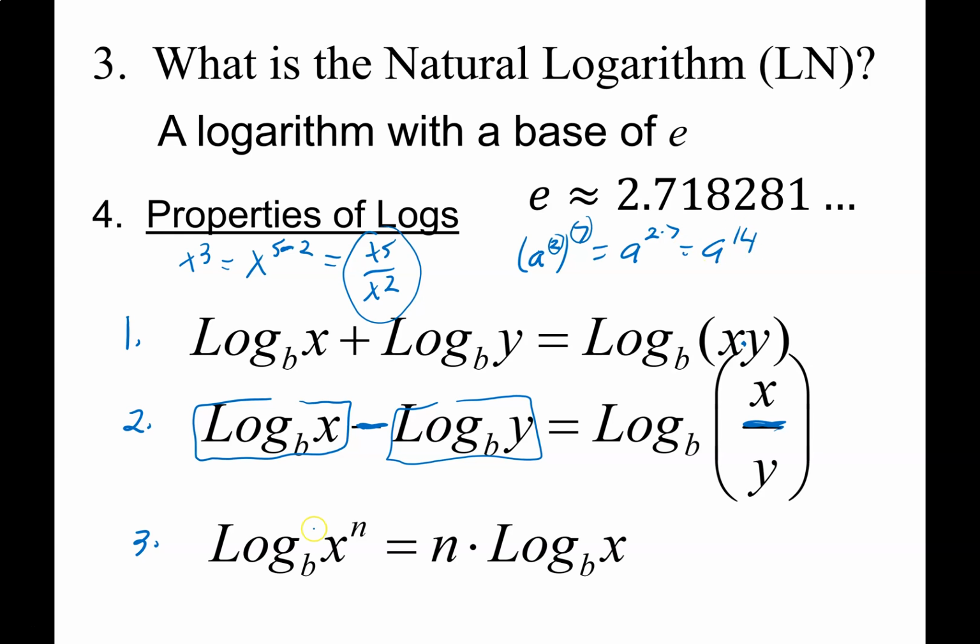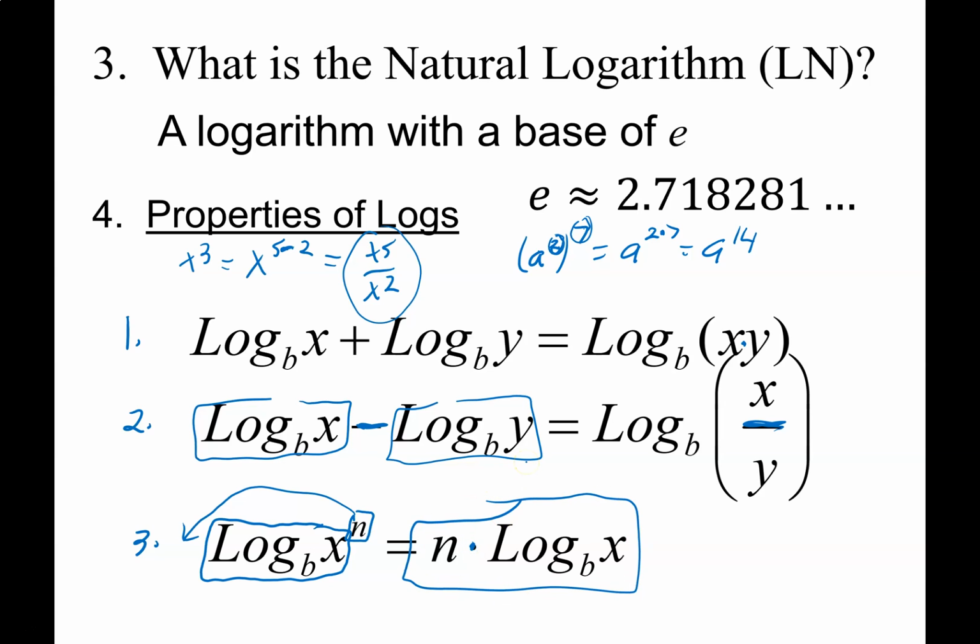So here I have a power raised to a power. What happens when I raise a power to a power? Well, you multiply the powers. So I move that to the front and multiply. So that's where these three properties of logarithms come from, and we're going to use those quite a bit in this lesson.